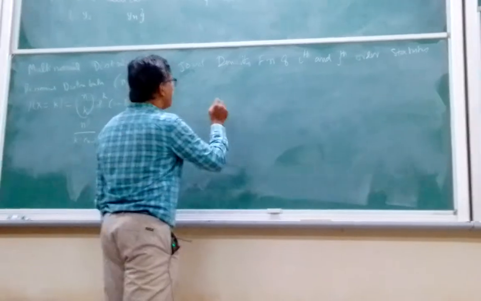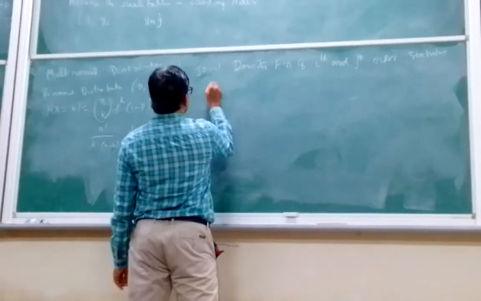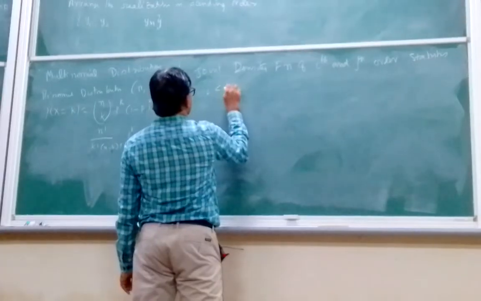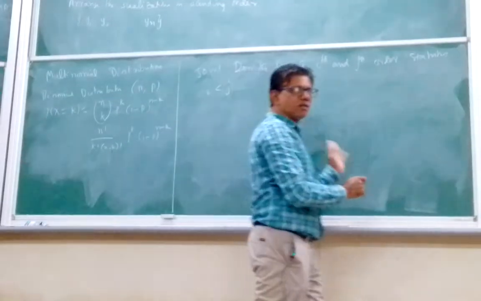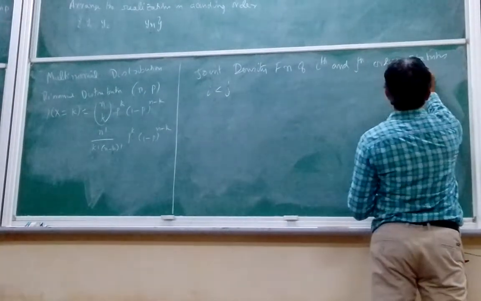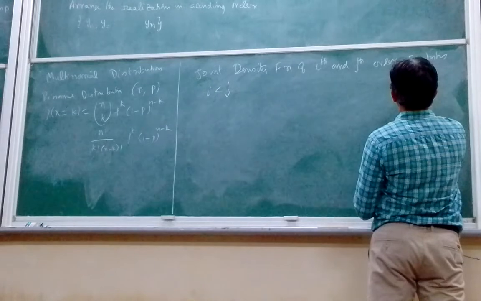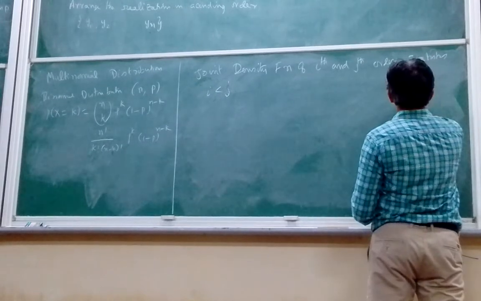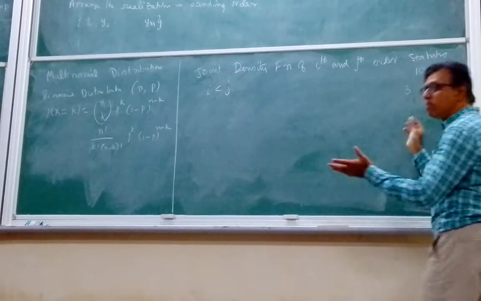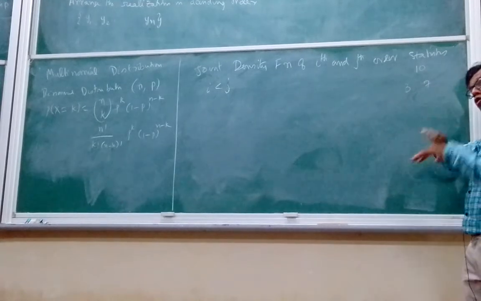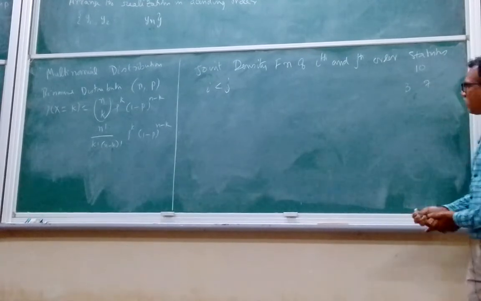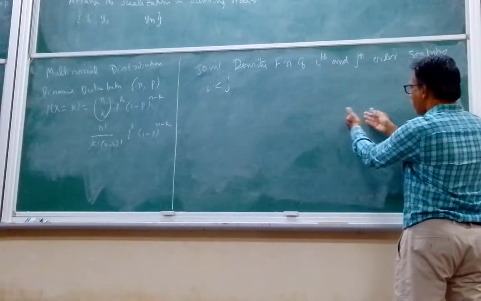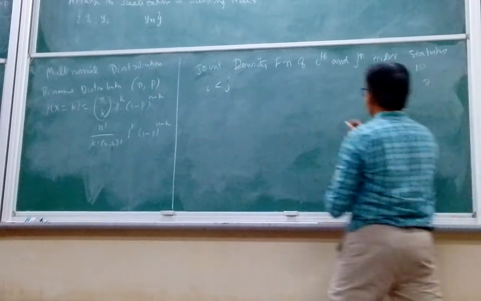So again, ith and jth, we take i less than j. For example, you have 10 random variables, and you are looking at the joint density function of the third and seventh minimum. That is, the third minimum taking a particular value and the seventh minimum taking another value.